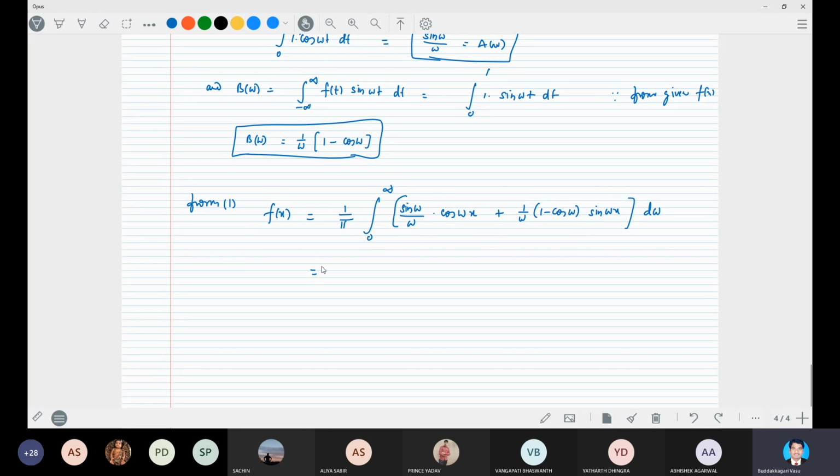Now can we simplify this? 1 by pi into the integral from 0 to infinity of 1 by omega. Simplify. Sin omega cos omega x minus sin omega x cos omega.